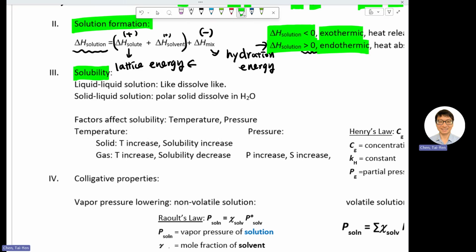First things first, the most common question you're going to be tested on for this part is, if I give you a solute in a chemical substance and ask which one will dissolve better.